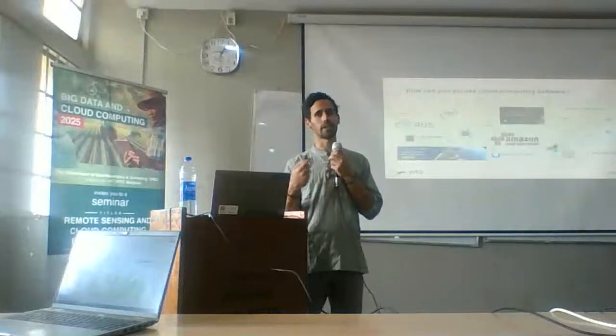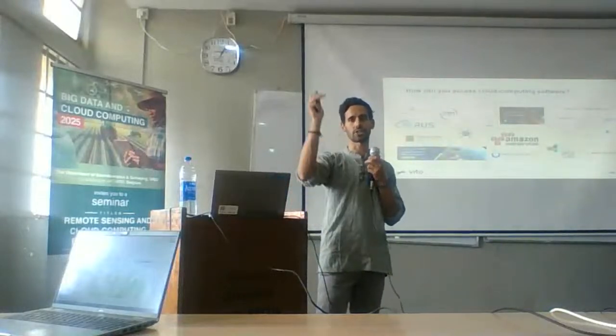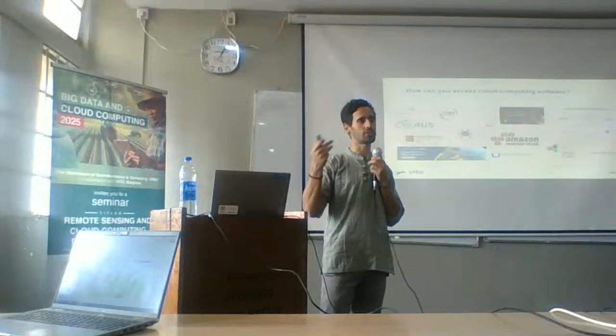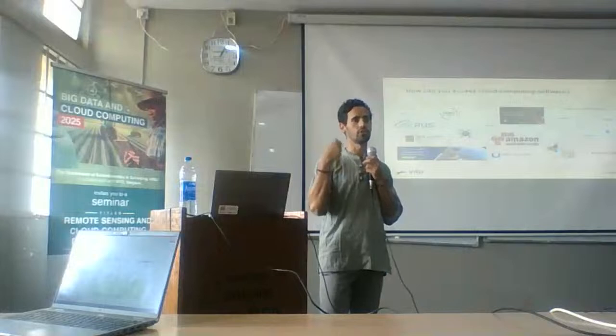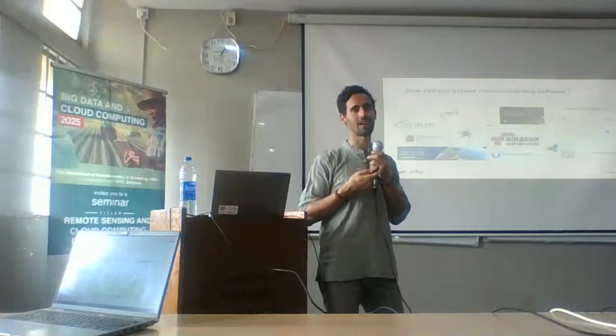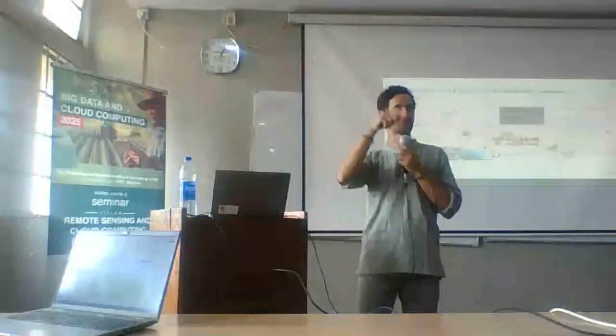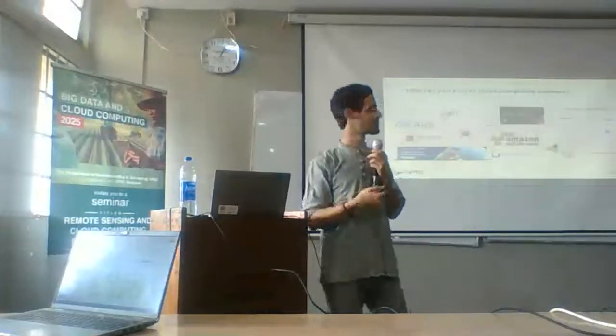You just need an account on Google. You can go onto Google Earth Engine and start immediately. As long as you have an internet connection, you can access satellite data, download it, and process it. It takes a few minutes to extract a certain area and already have that satellite imagery.